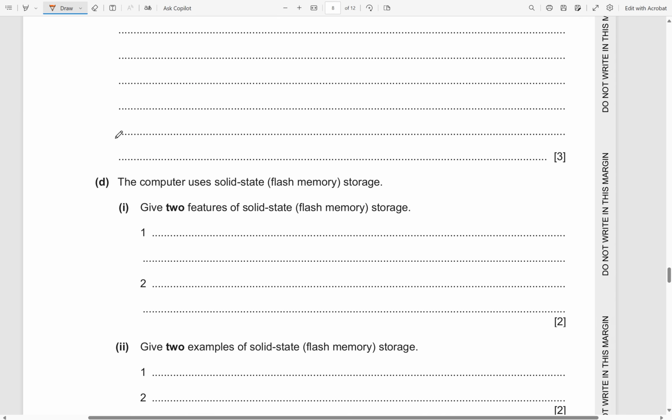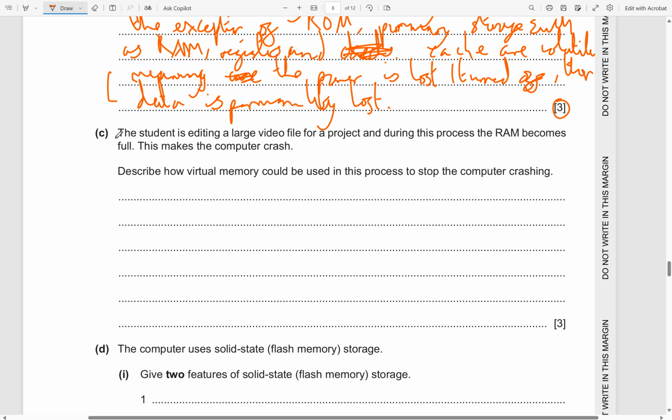Okay, so now we just want to explain this. They've already said that RAM becomes full. So let's say virtual memory, secondary storage space can be allocated temporarily. When we say allocated, that's basically just virtual memory.